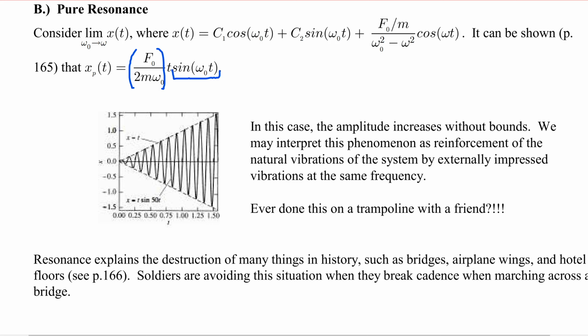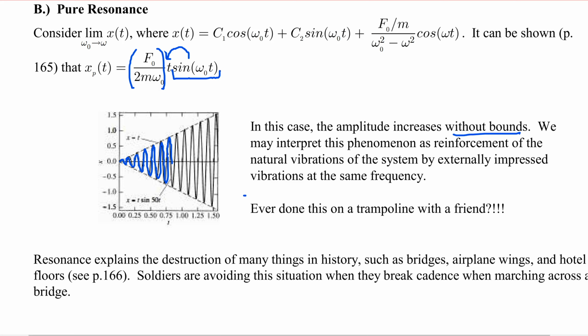Let's think of the sine wave as having amplitude t. Remember, the coefficient of your sine wave indicates its amplitude, but here we have a variable amplitude, and in particular, it is a linearly increasing amplitude. So our sine wave will continue increasing its amplitude, getting bigger and bigger with each oscillation. This is what we call the phenomenon of resonance. In this case, the amplitude is eventually going to increase without bounds.